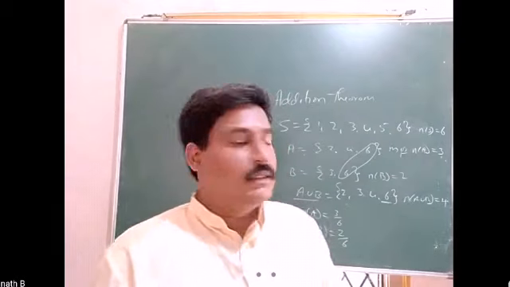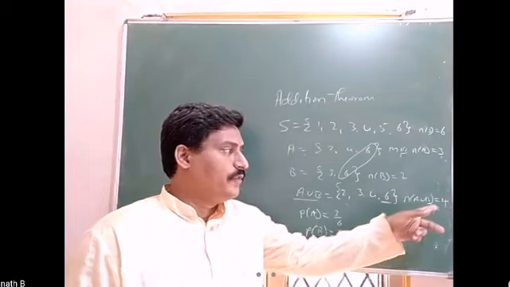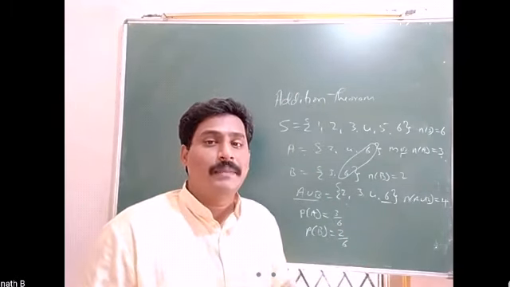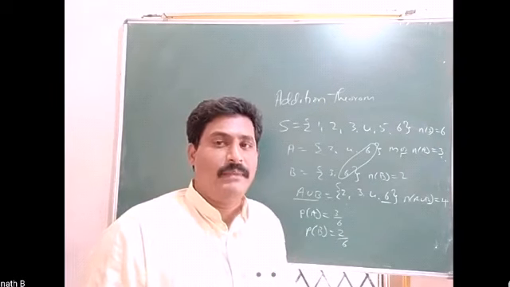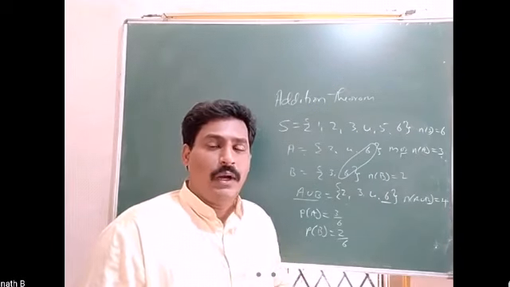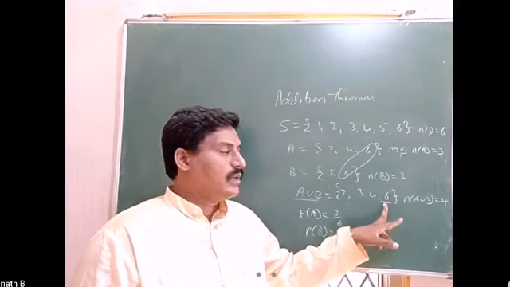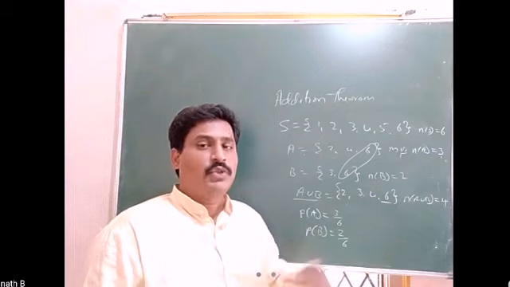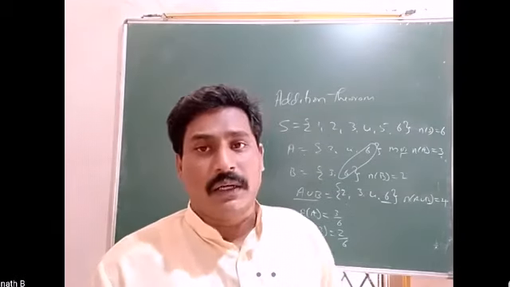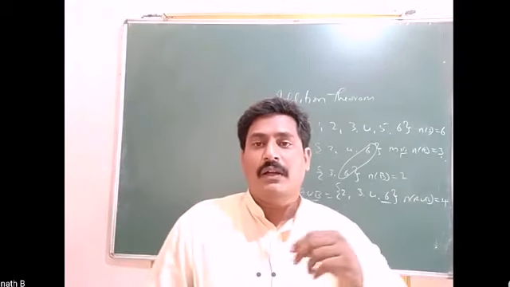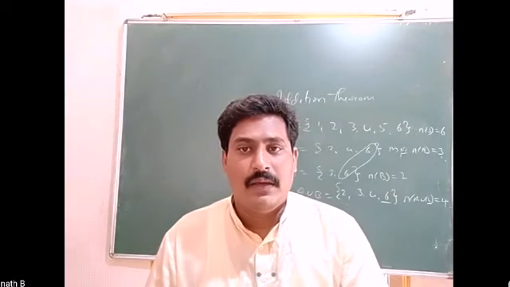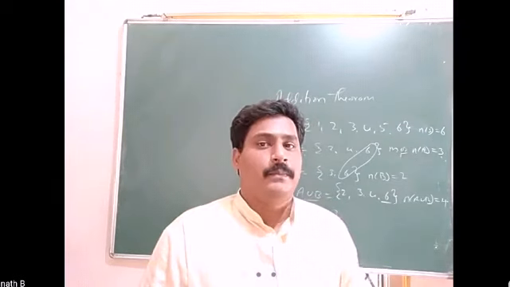But here only 4 cases are there, because repeated elements we take only one time. So 6 is written only one time, because it will not occur 2 times when we are throwing a die, only one time.